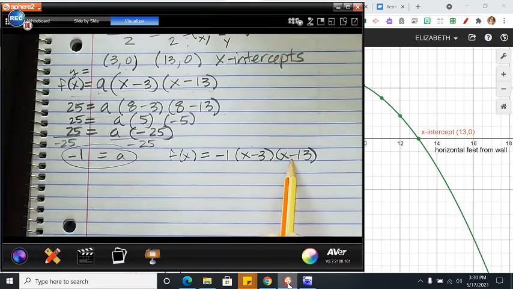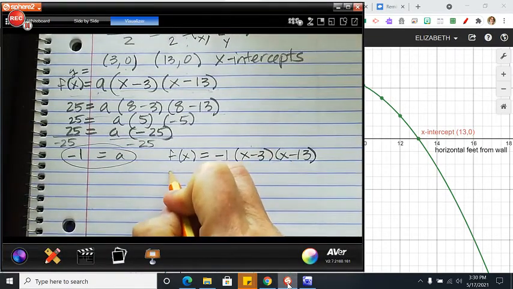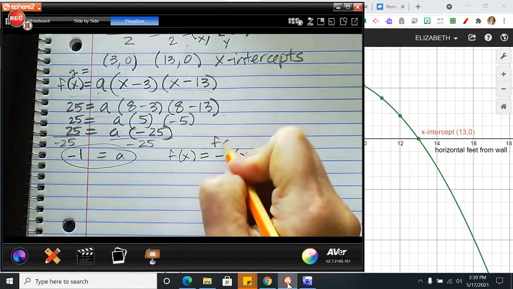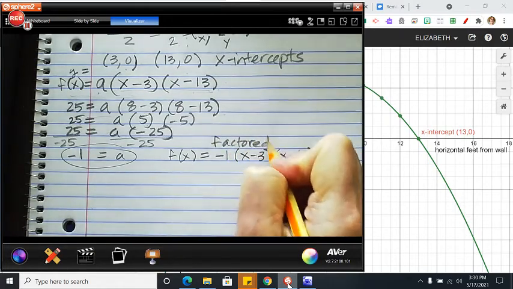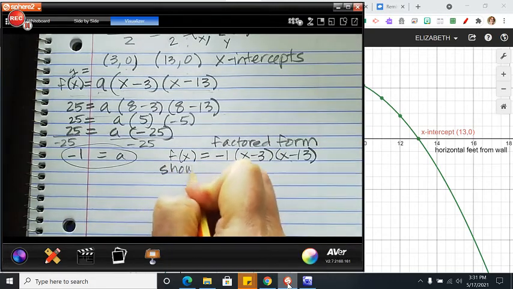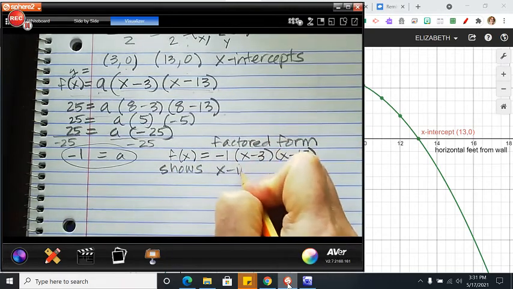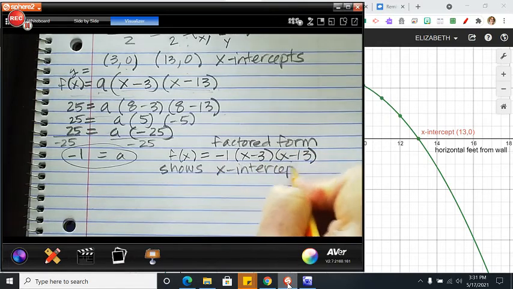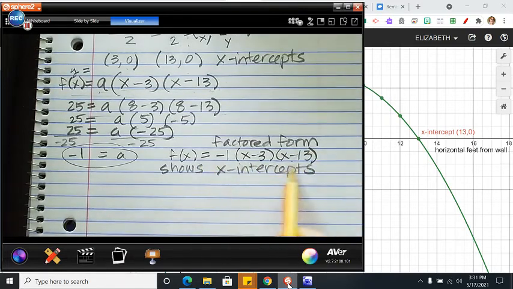So this is factored form. This is the factored form of the equation, and it shows the x-intercepts. It shows my x-intercepts. I'm going to rewrite this in standard form, which is going to show me my y-intercept.